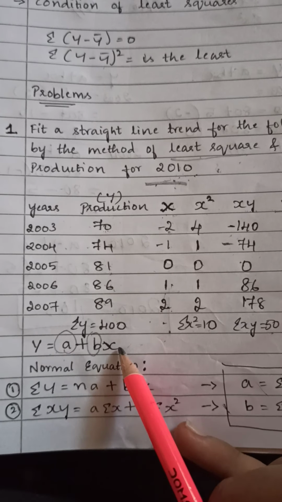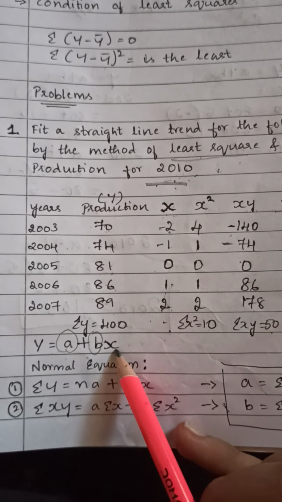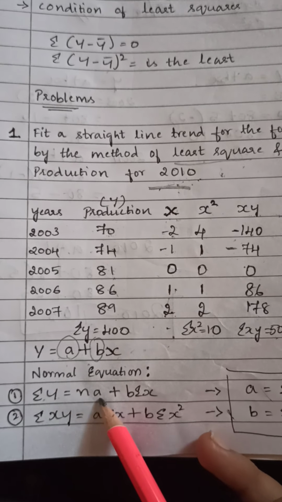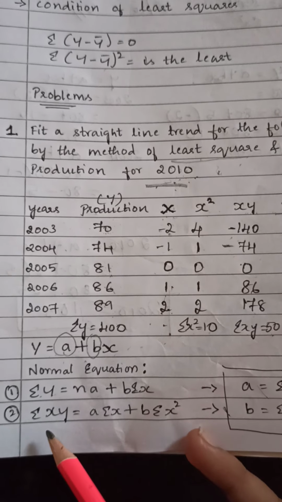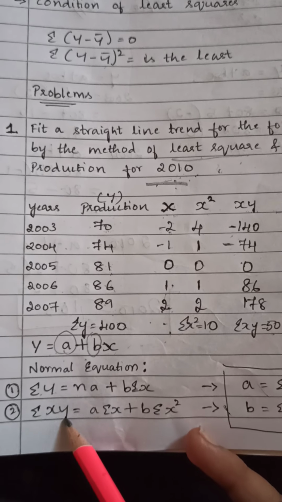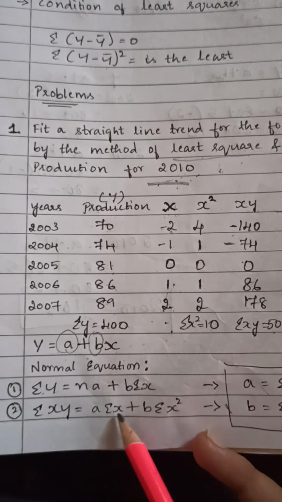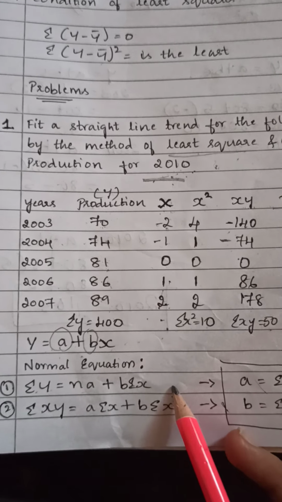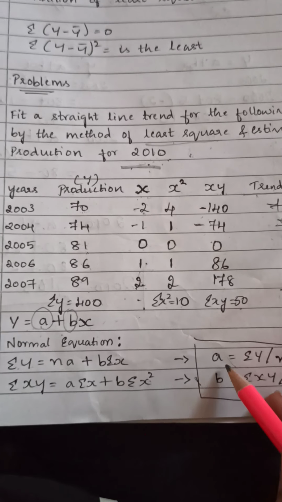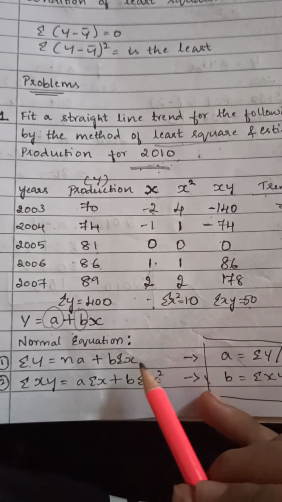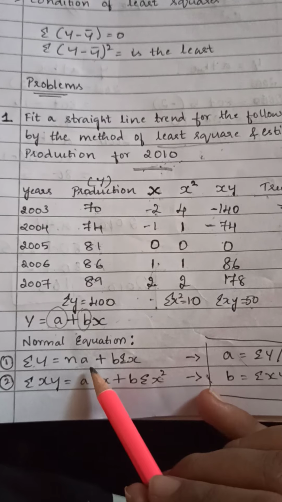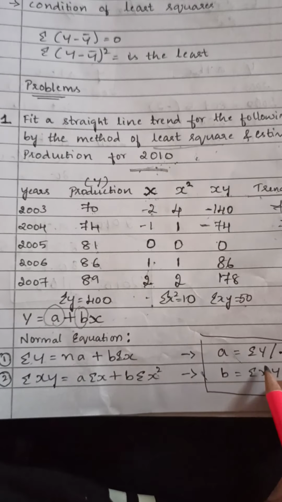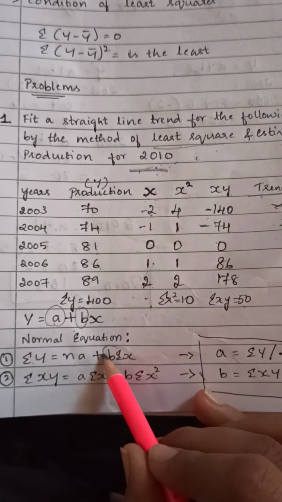To find the value of a and the value of b, there are two normal equations: summation y equals na plus b summation x, and summation xy equals a summation x plus b summation x square. From the first equation you can get the a value: a equals summation y divided by n, where you ignore the b term.